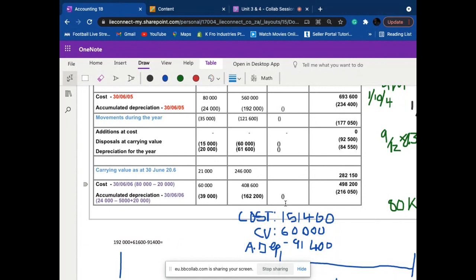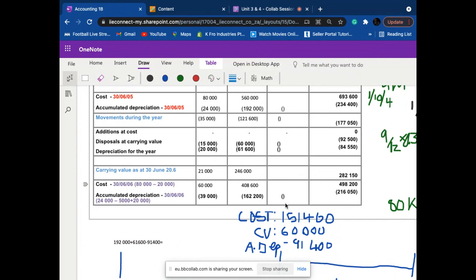Let's deduct this from this and see where we arrive. Do we get the same thing?